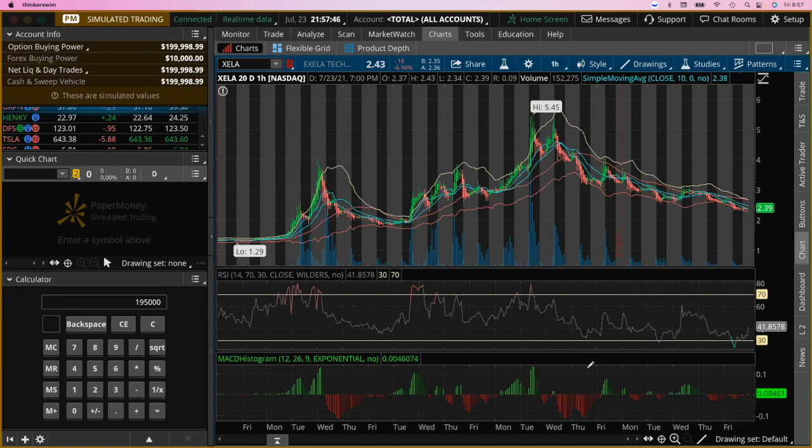VWAP is basically a volume weighted indicator, but it's like a crutch, I guess you could say, in my opinion. I don't want to have a crutch. I want to be able to read volumes myself. I want to be able to look at relative volume increases myself.